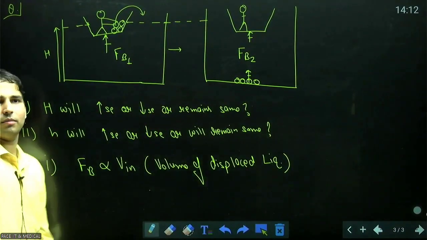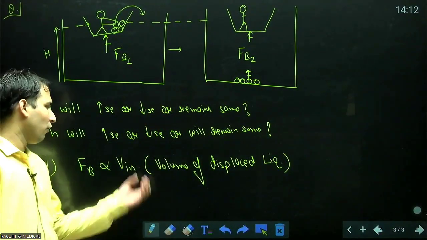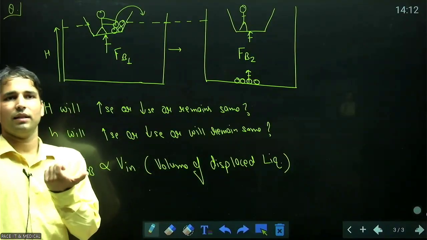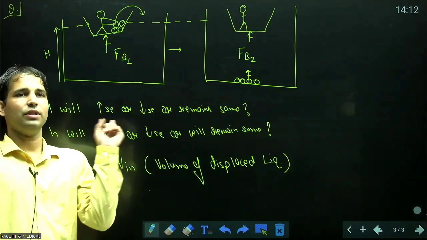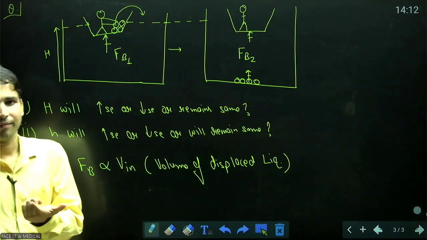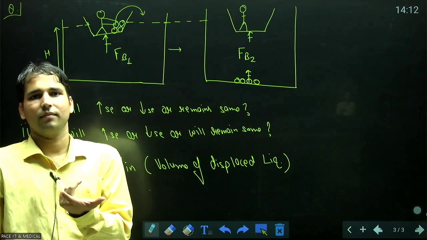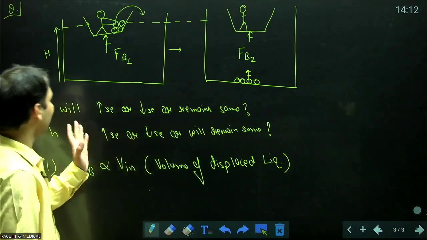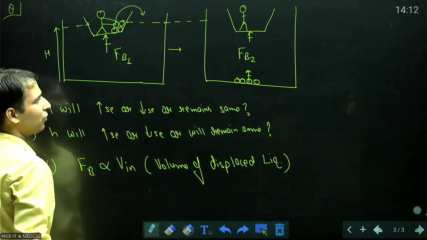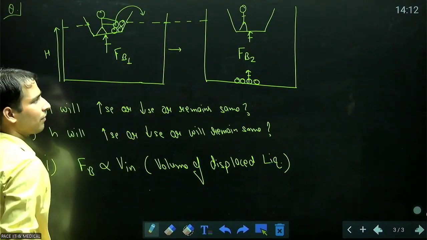So we have to just check in which case the volume displaced is more. The more the volume displaced, the more will be the height of liquid, right? So we just have to check which buoyant force is more, FB1 or FB2, right?